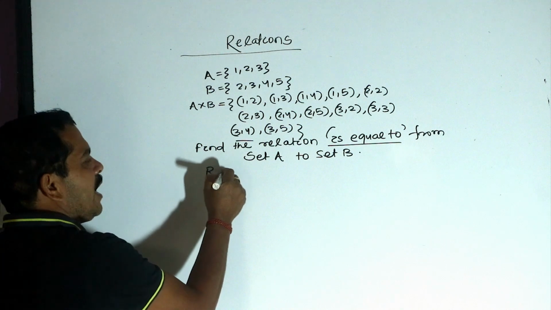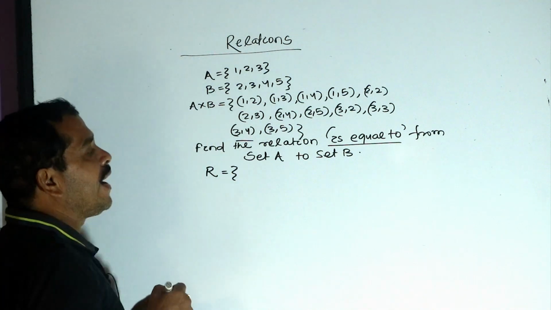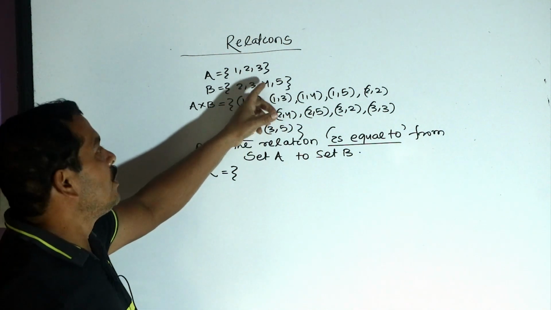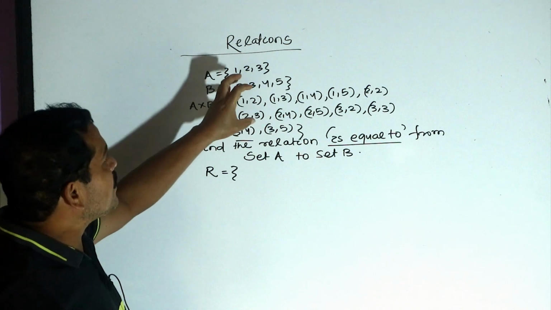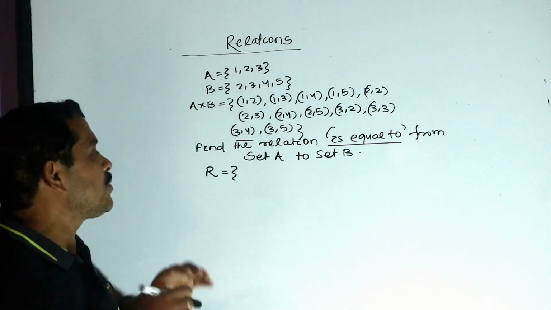Suppose this set is R. Then we have to find the relation is equal to, meaning the element of set A is equal to the element of set B.